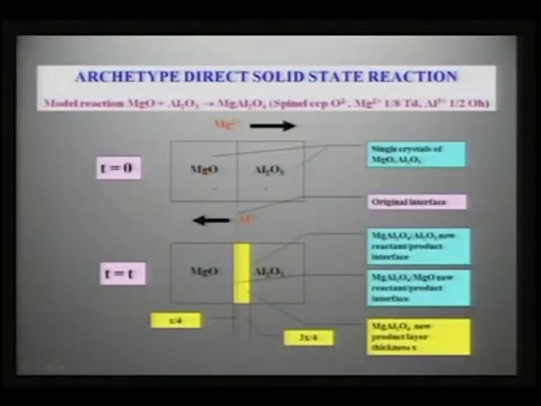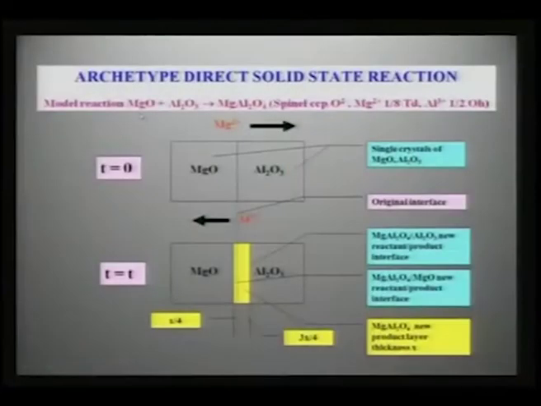Let us take the single crystals of MgO and Al2O3 when they are kept glued to each other's surface, and then one can monitor how the formation of this spinel can be achieved. The model reaction is MgO plus Al2O3 giving MgAl2O4, and this is a spinel which is a cubic close packed one made of oxygen close packing.